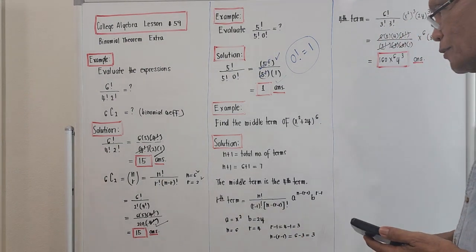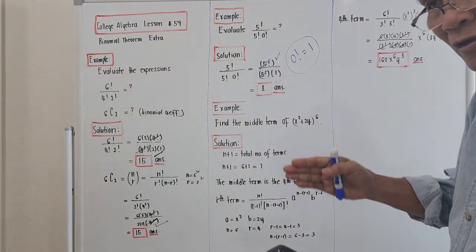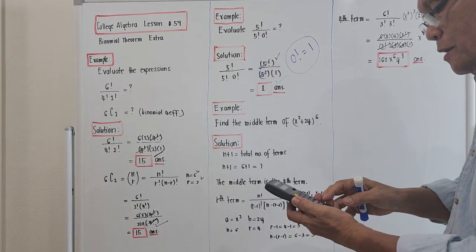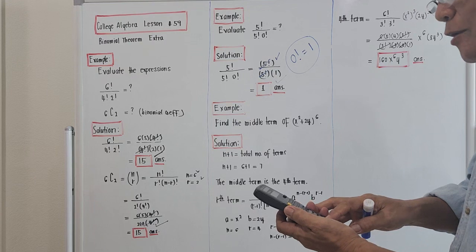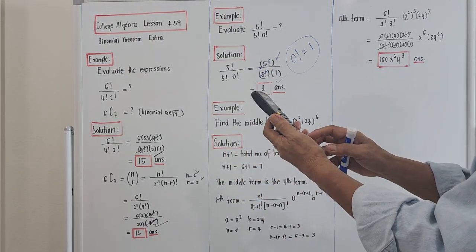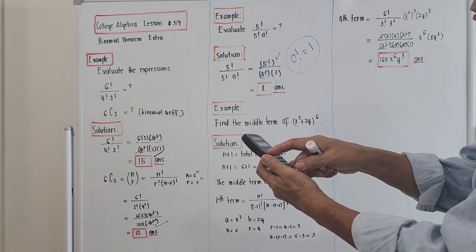It has not been proven in our textbook that 0 factorial is 1. They just say that 0 factorial is 1. But if we try to check this one, we just display 0 here on our scientific calculator. Factorial is in the second function, right? Second function, factorial.